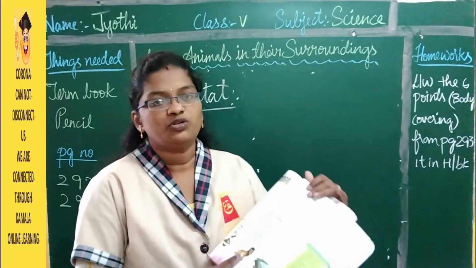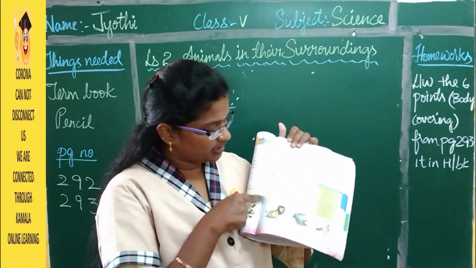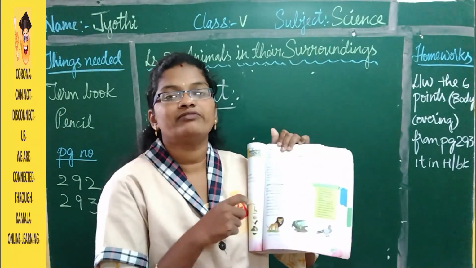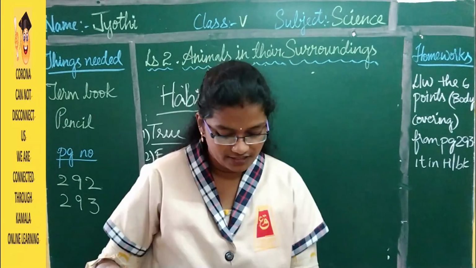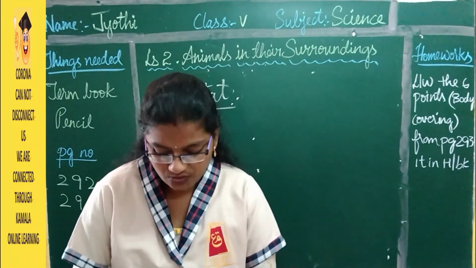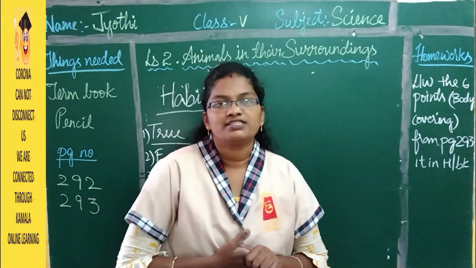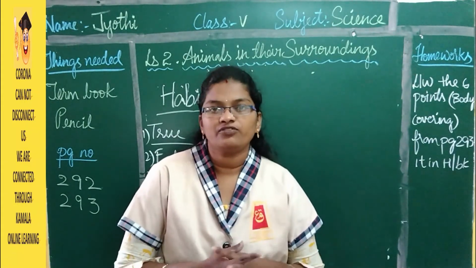From page number 293 you have 6 points about body coverings of different animals. Those 6 points you should learn and write one time in your homework book. So read the lesson and try to understand the topic, and see the video again if you don't understand.